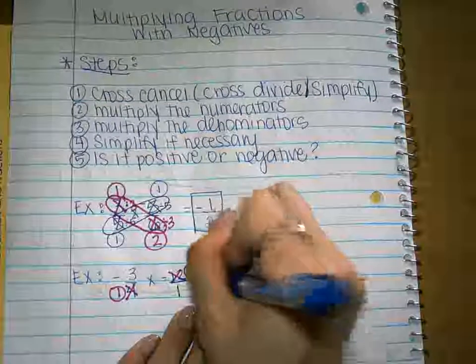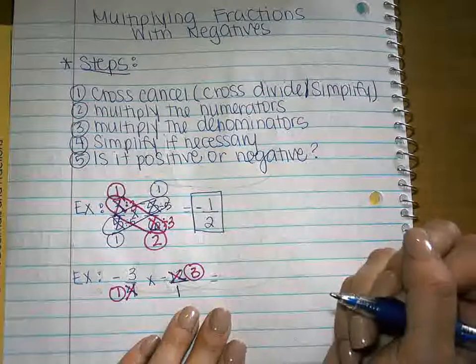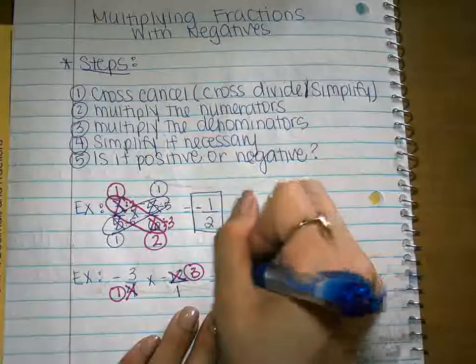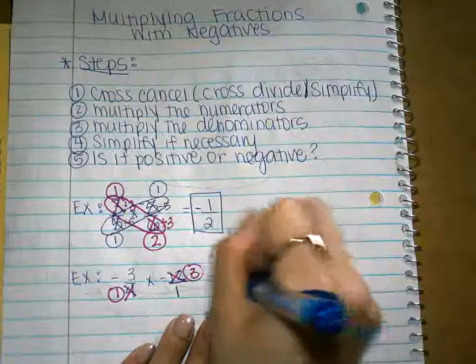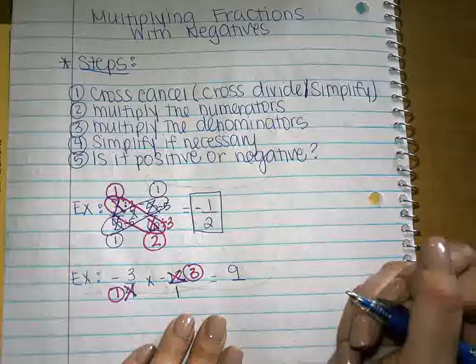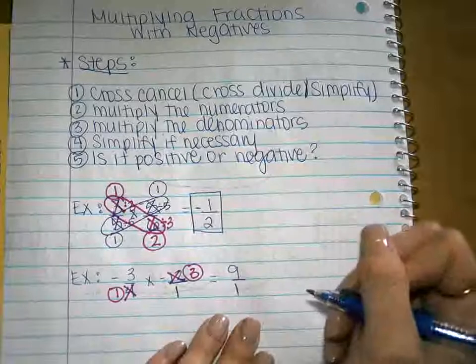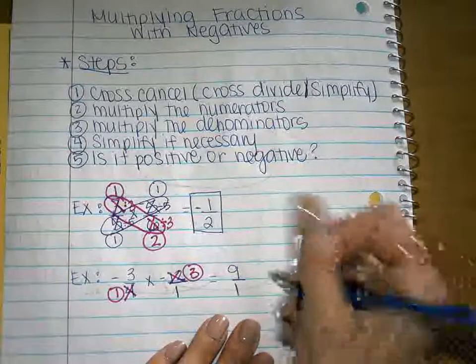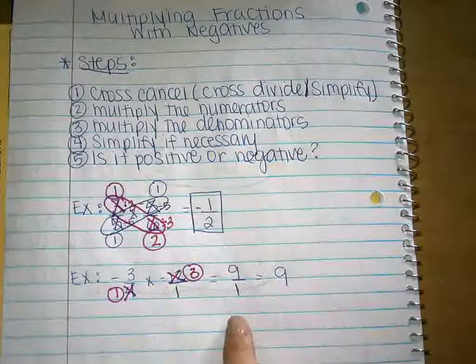Step 2, what is it? Well, what are my numerators? 3. And what's 3 times 3? 9. What's step 3? What are my denominators? 1. And 1 times 1 is? 1. And 9 over 1 is just what? 9. Please make sure you give me 9.